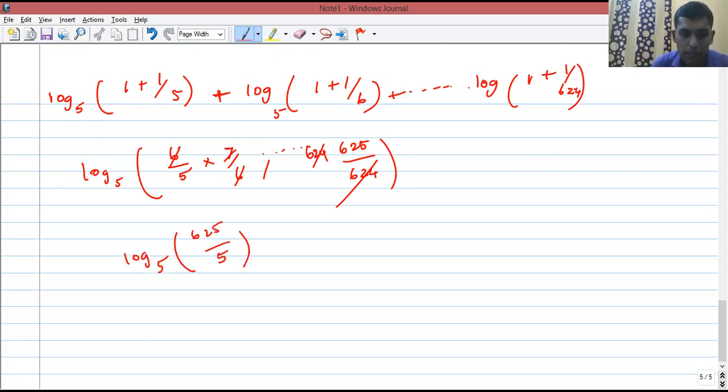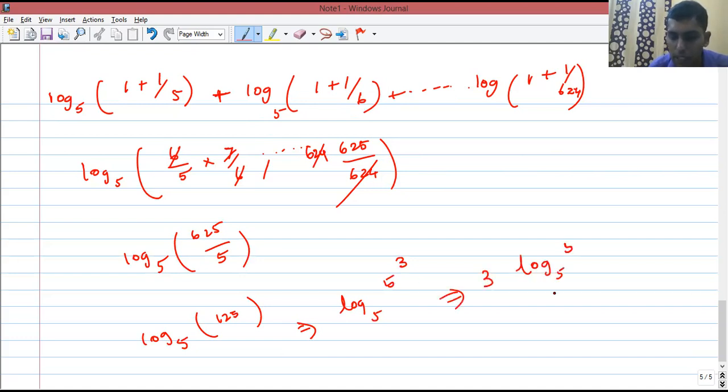It is nothing but log 5 of 125. 125 can be written in terms of 5, that is log 5 of 5 cube. You can take this 3 in front. You'll get log 5 to the base 5 into 3. That is nothing but 3. This is how you have to solve.